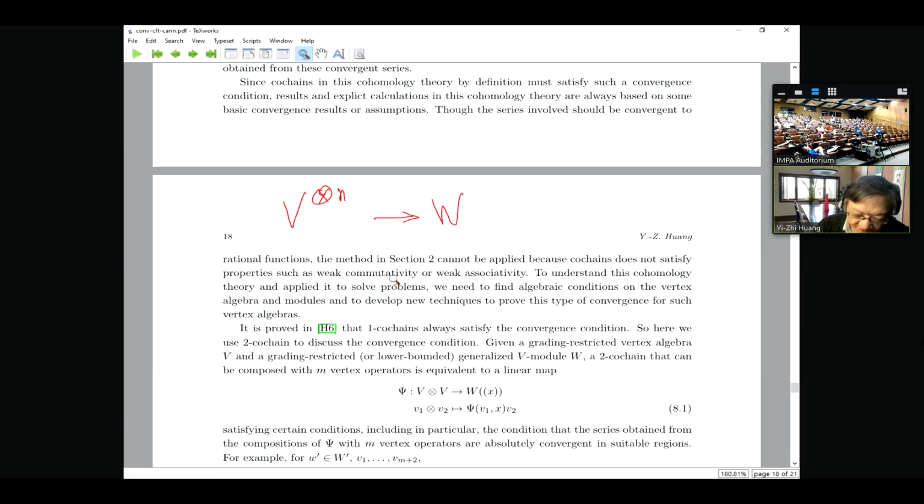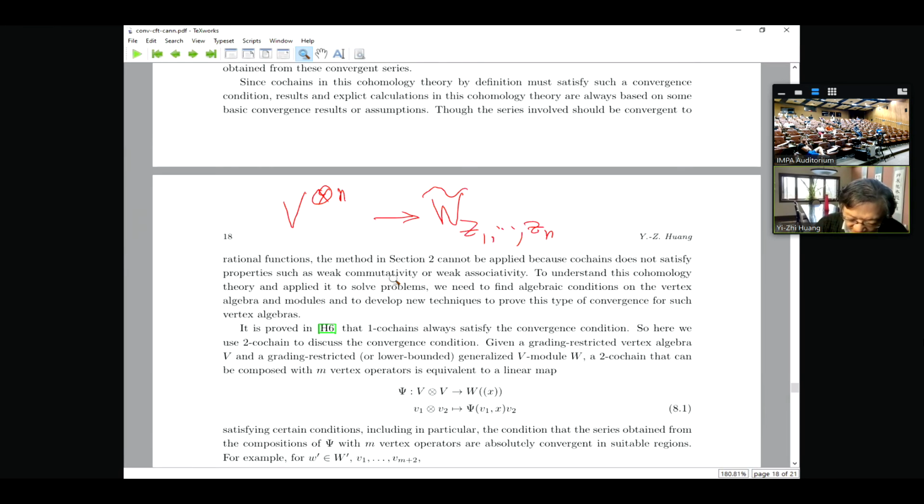The main difference is that the cochain is still from the tensor power of V, but instead of the module, it should map to what I call W bar-valued rational functions. Because it is a rational function, I indicate the variables z1 up to zn.